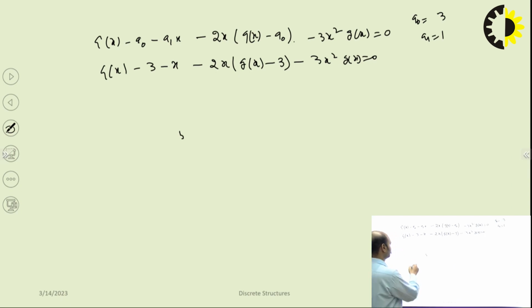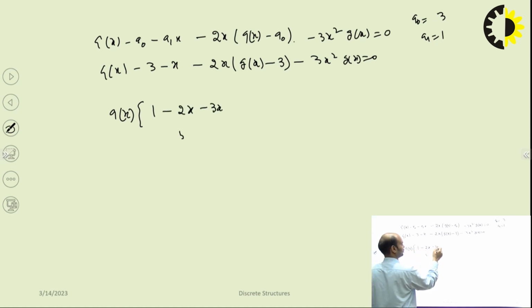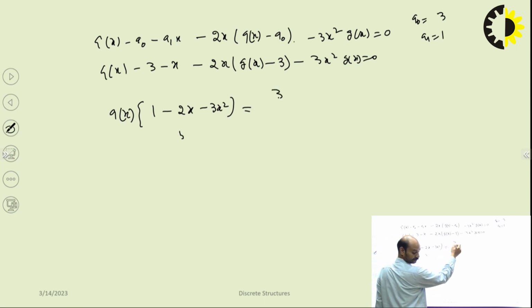So we take g(x) as a common, then what will we get? That is 1 minus twice of x minus 3x square, and remaining terms to the other side. Then what will we get? We get 3 minus 5x.